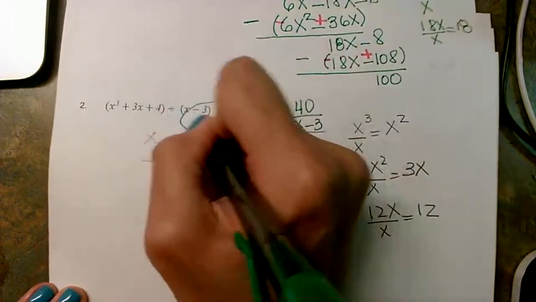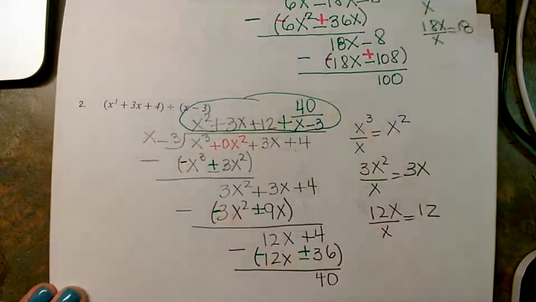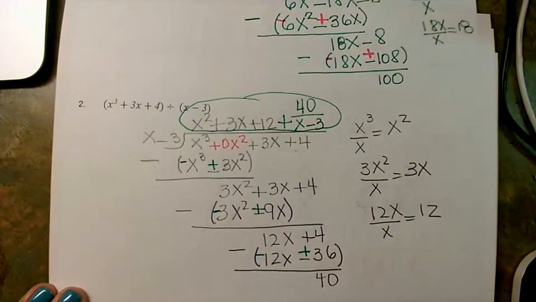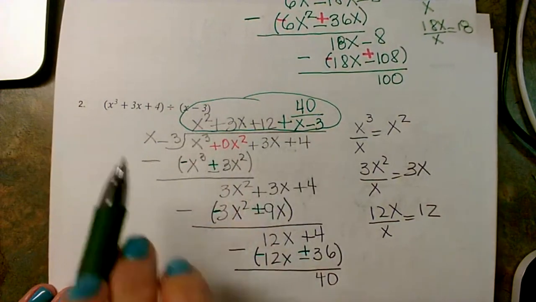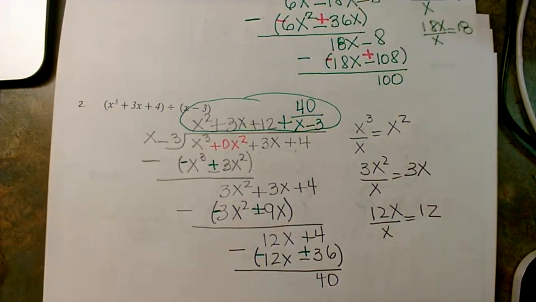This is your answer. Whatever we got here plus the remainder divided by the divisor. And we have done all the review number 4, chapter 7 and 8.